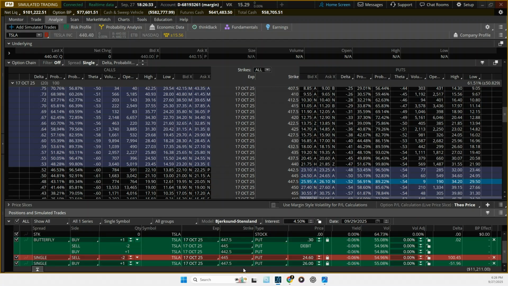And now we're going to buy another at the 442.50. Okay, and maybe we could get this for, let's say luck is on our side and we get a good deal on this one too for 23.15. Now let's go back to our risk graph.